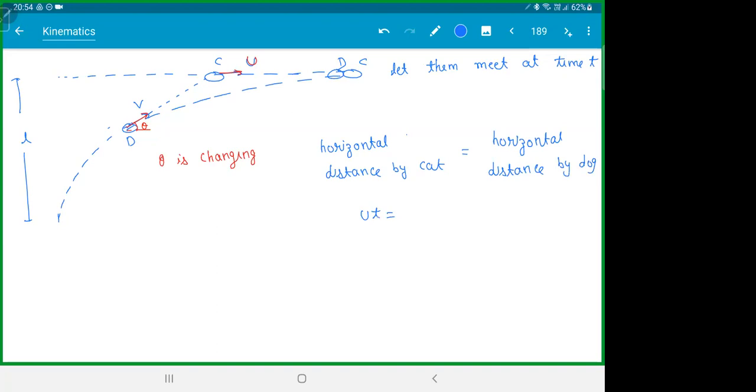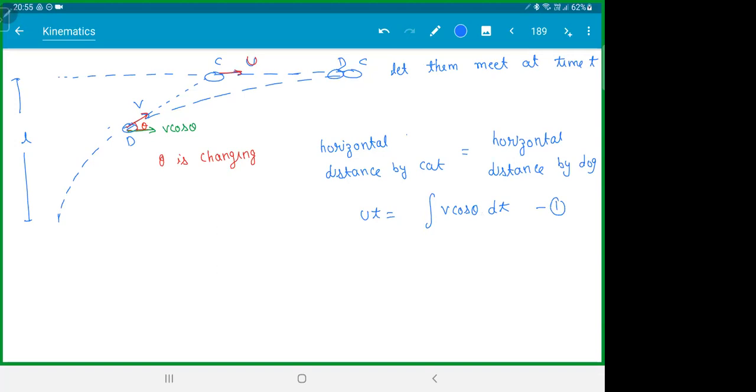What about the dog? The dog's horizontal velocity is v cos theta. But understand theta is not constant. Therefore, it should be integral of v cos theta dt. Now the problem is I don't know theta, I don't know dt. I can't integrate this directly. This is your equation 1.